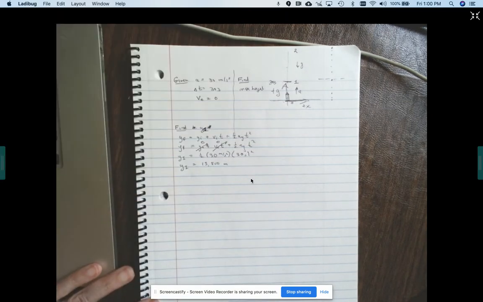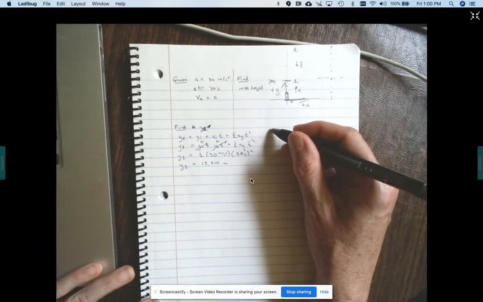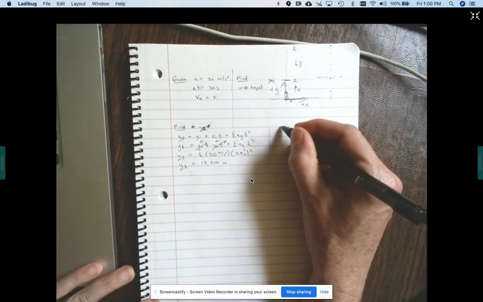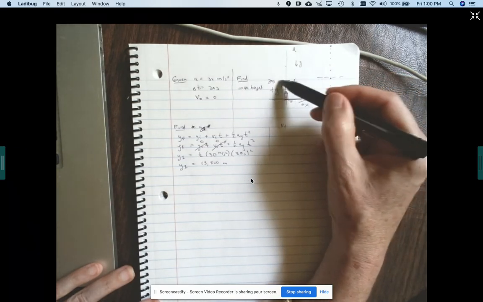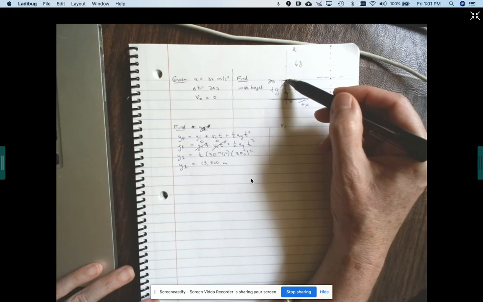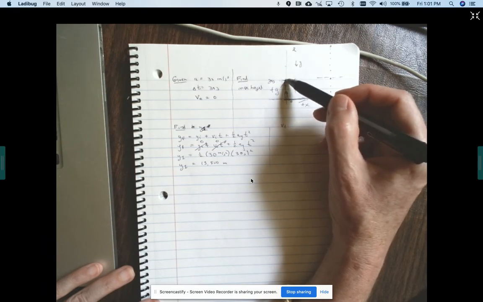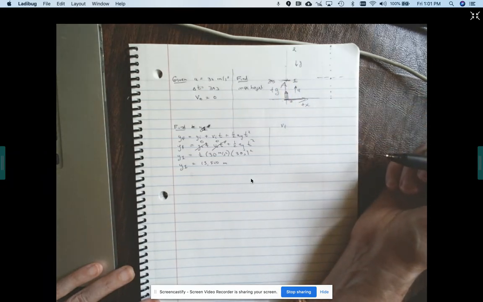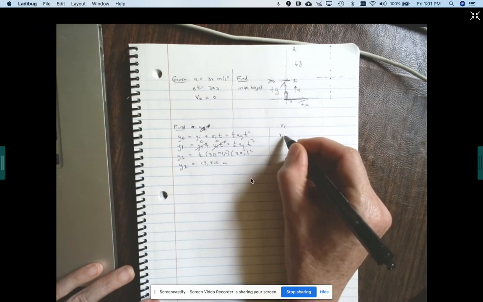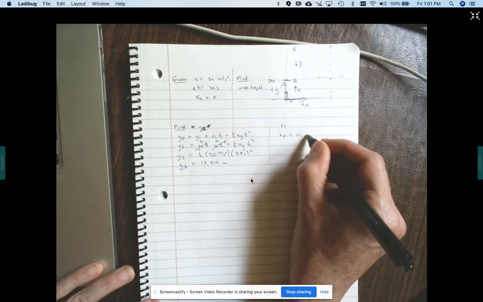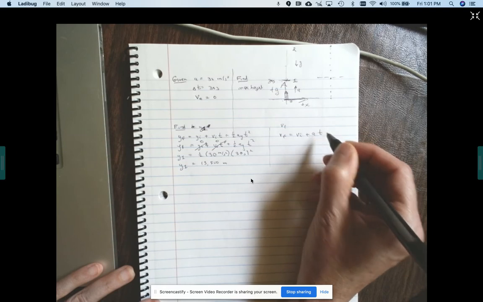Now at that point, I also want to know what my velocity is, because once the fuel ends, I'm going to take it almost as a separate problem: an object that's starting at some height with some initial velocity, and now it's just moving under the influence of gravity. So to get my velocity at 1, I'm going to use the relationship that v final is v initial plus acceleration times time.